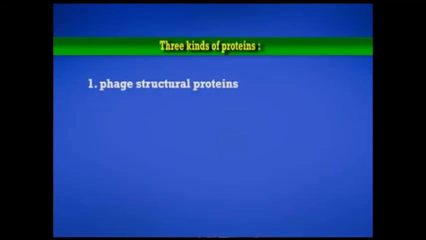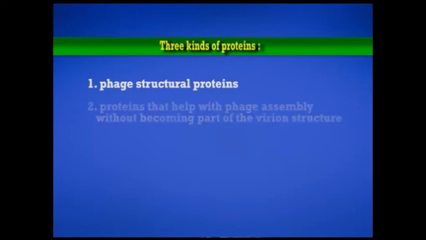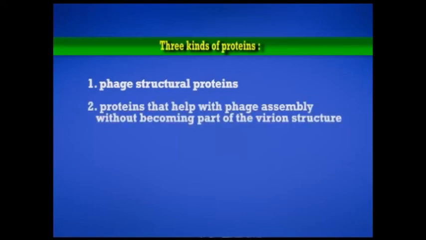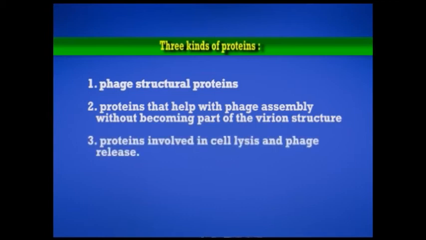The assembly in the T4 phage is complex. The late messenger RNA directs the synthesis of three kinds of proteins: the phage structural proteins, the proteins that help with phage assembly without becoming part of the virion structure, and the proteins that are involved in cell lysis and phage release.